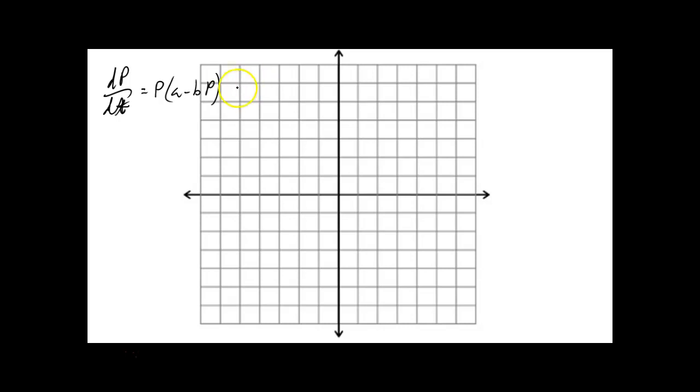And where is that true? Remember, this is the t variable here, the P variable here. When that's equal to 0, what can you tell me about P? Well, this is factored, right?